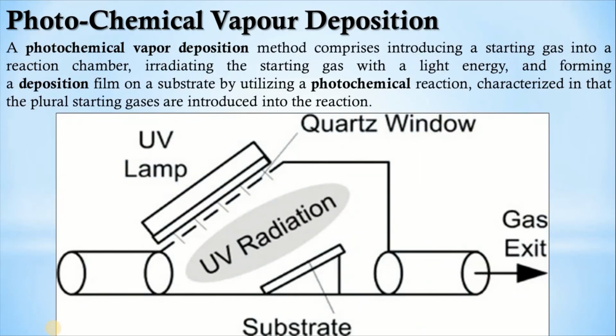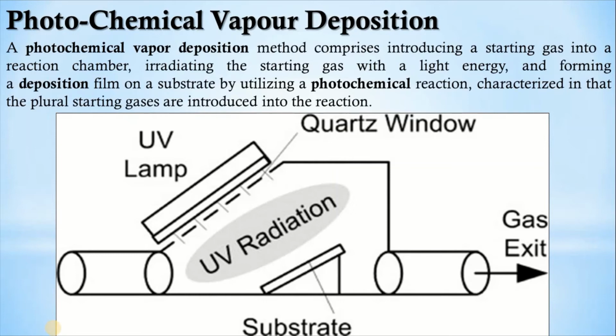Thin films are formed on a solid state substrate by causing a chemical reaction, by irradiating molecules in these starting gases with individual light energy having a wavelength region corresponding to the absorption spectrum of each starting gas.